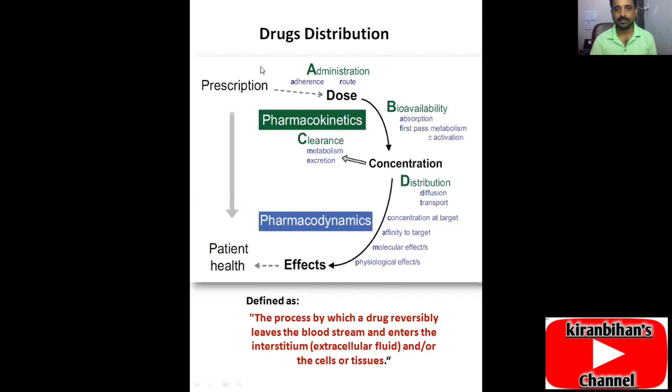You can see here, after the prescribed dose, the pharmacokinetic process starts. So after absorption, the drug gets distributed through diffusion and various transport processes. For further understanding, there are many illustrated images, so we can learn and understand this topic.